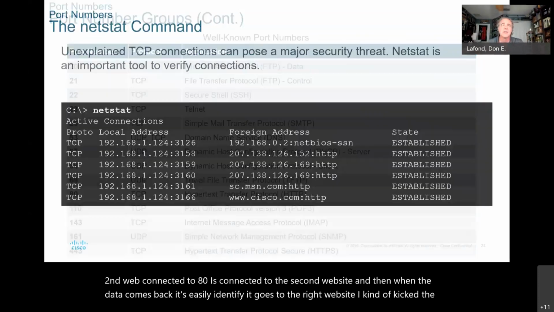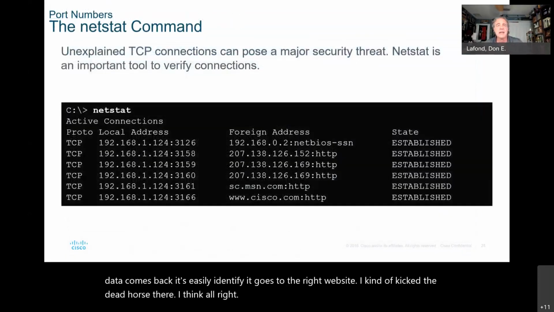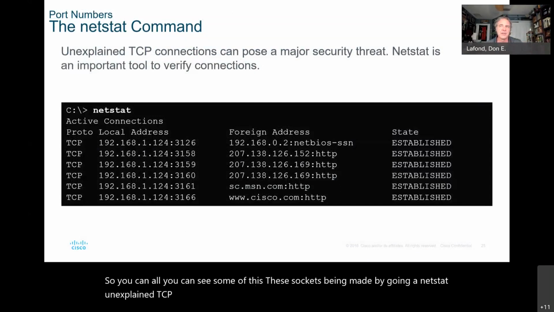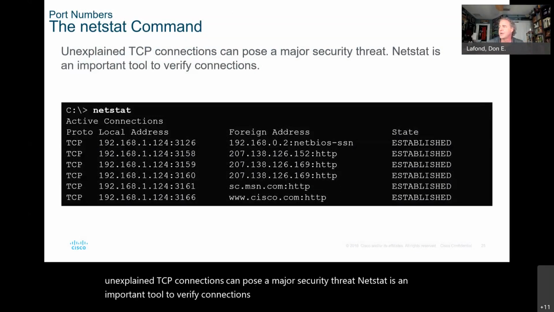All right. So you can see some of these sockets being made by going to netstat. Unexplained TCP connections can pose a major security threat. Netstat is an important tool to verify connections, and you can see each one of these addresses, 192.168.1.124, connected to a port.